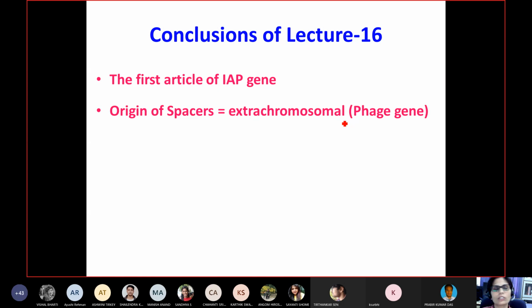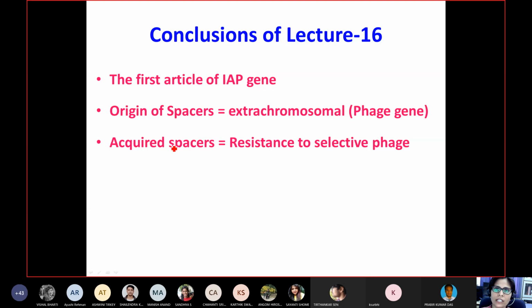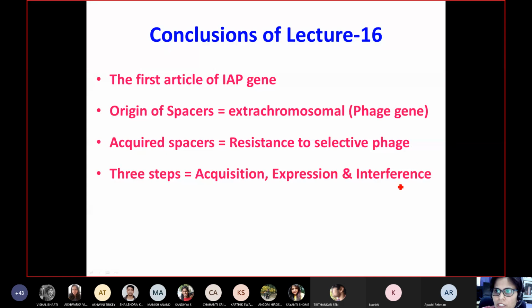A lot of groups showed that these sequences are coming from extrachromosomal phage systems. After that, we saw how a CRISPR system works. We can distinguish the system into three parts: the acquisition stage, the expression stage, and the interference stage.